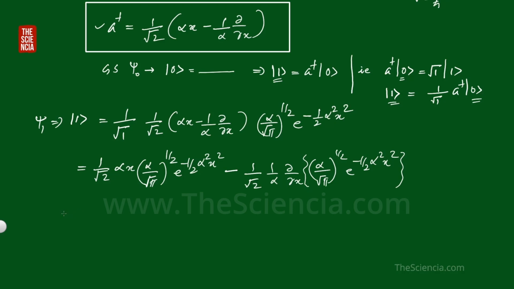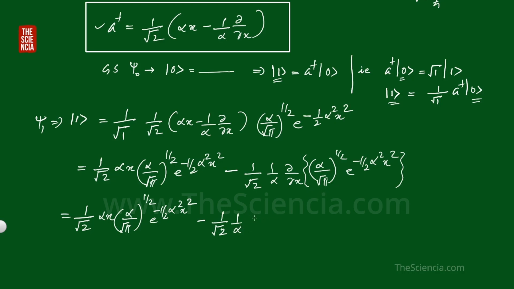That is equal to 1 by root 2 alpha x (alpha by root pi)^(1/2) e raised to minus half alpha square x square minus 1 by root 2 alpha 1 by alpha derivative of this function.